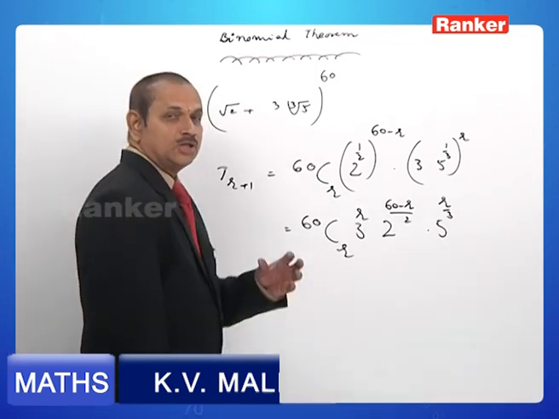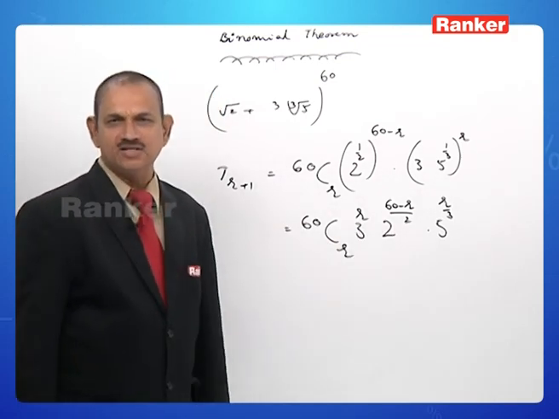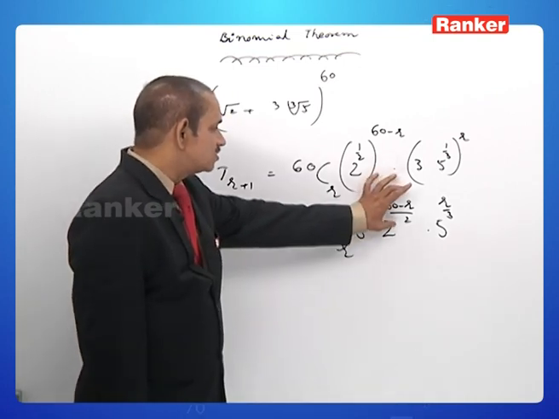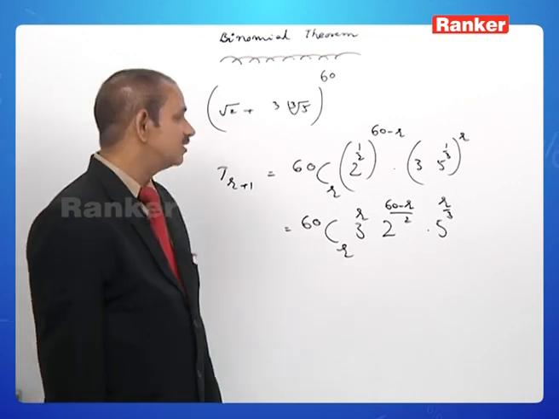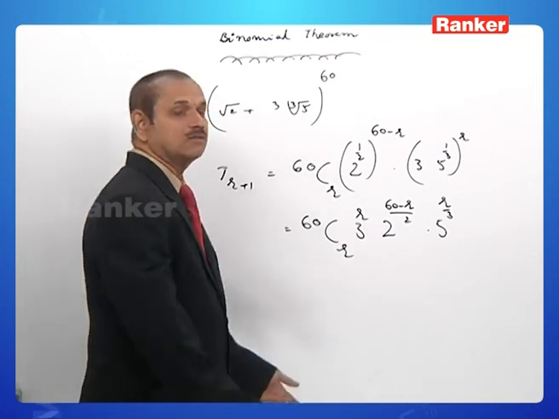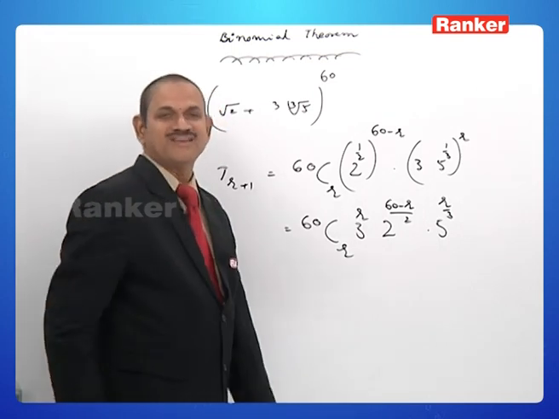Now, if you want to see this term entirely as an integer, then this and this must be integers. That is, (60 minus r) by 2 and r by 3 both must be integers. Well, what is the LCM of 2 and 3?